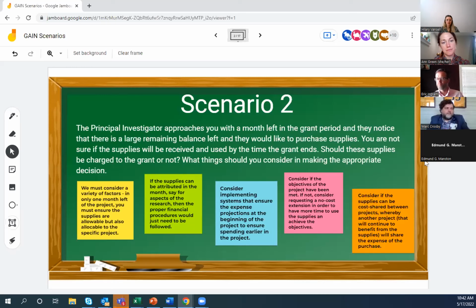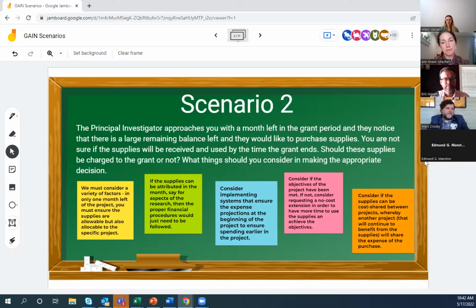We also thought about considering the remaining time on the grant, so that if you charge it to that grant, you're able to execute it, or whether there will be a need to go for a no cost extension.